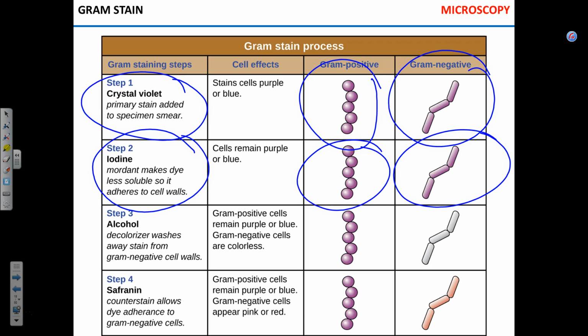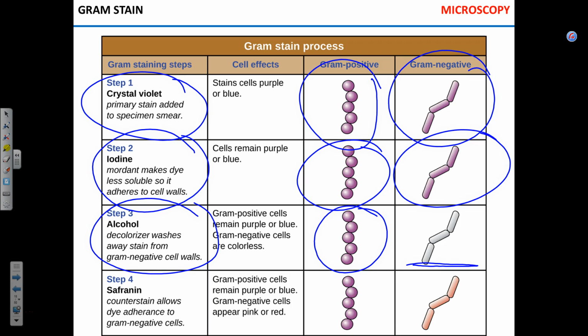What you do next is you wash your sample with a little bit of alcohol. So alcohol will remove crystal violet. Turns out that crystal violet, after treatment with iodine, sticks better to gram-positive than to gram-negative.